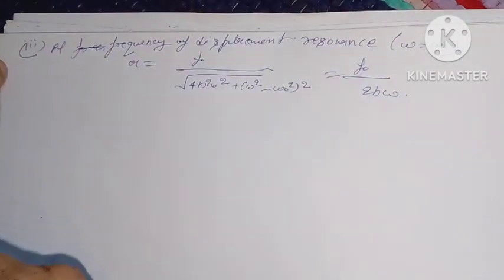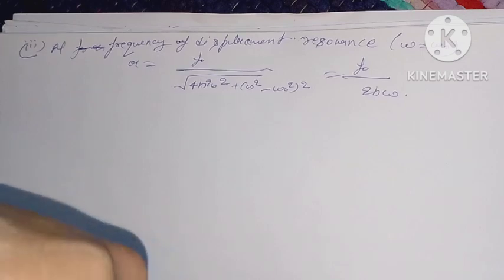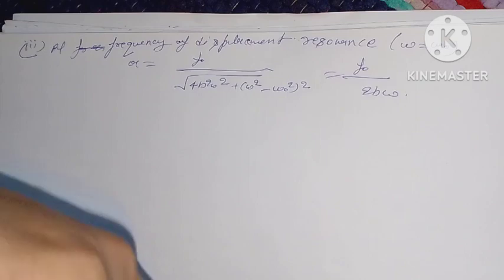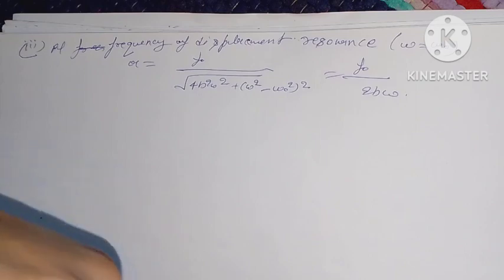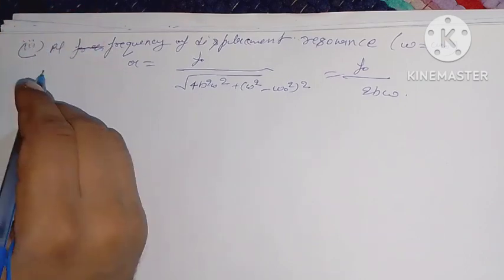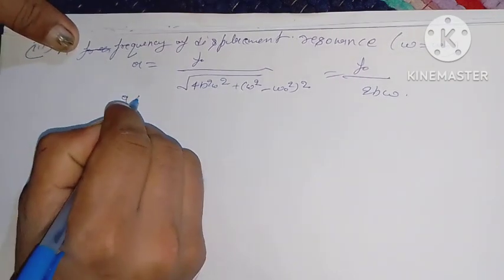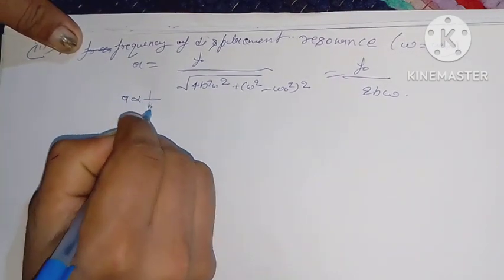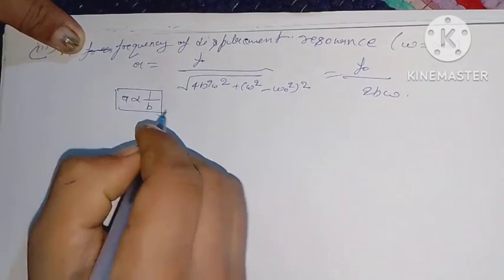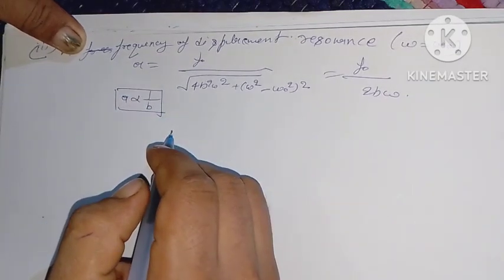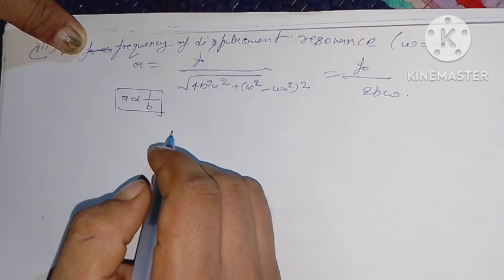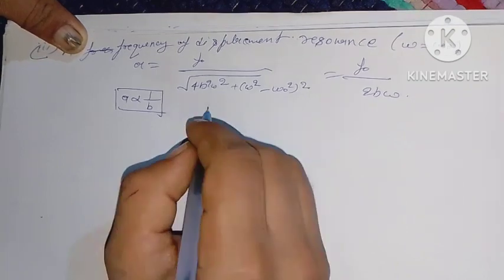Thus, at a driving force frequency equal to the resonance frequency, the maximum amplitude is inversely proportional to the damping coefficient b. For small damping the amplitude is large, and for large damping the amplitude is small.